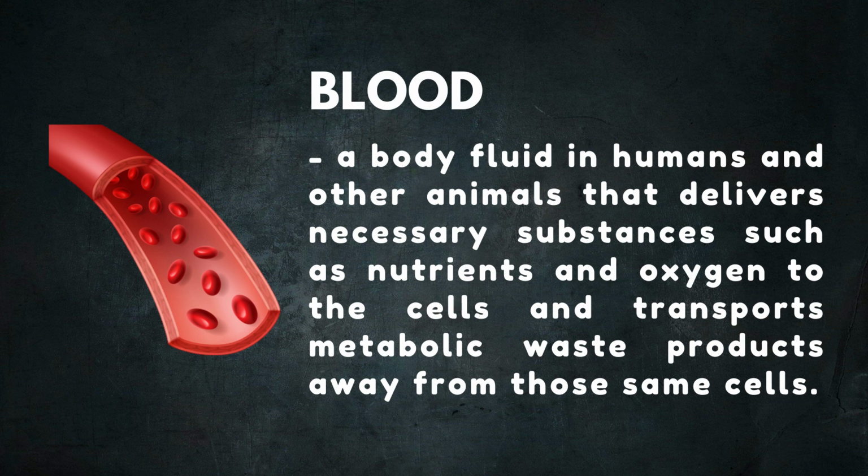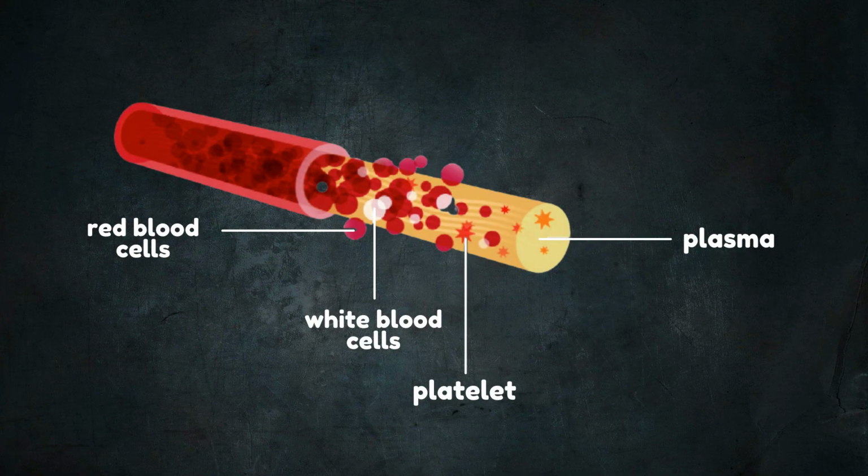Blood also fights infections and carries hormones around the body. Blood is made up of blood cells and plasma. Plasma is a yellowish fluid that has nutrients, proteins, hormones, and waste products. The different types of blood cells have different jobs.